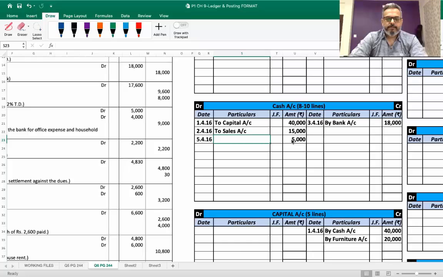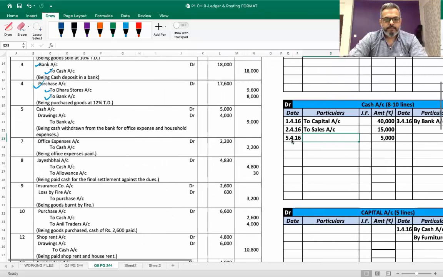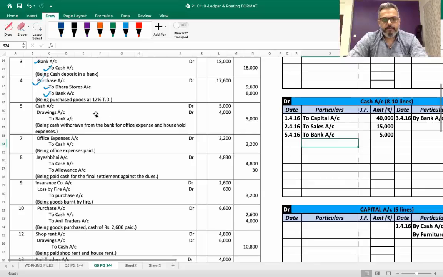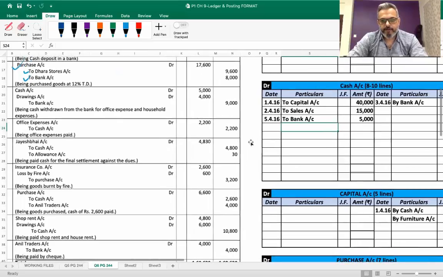5.4.16 to bank account. Drawings account debit 4,000.